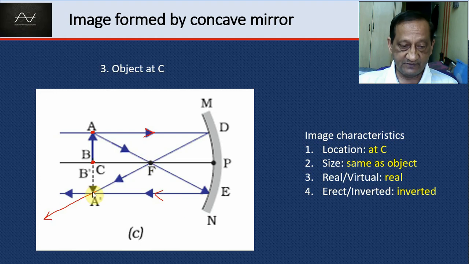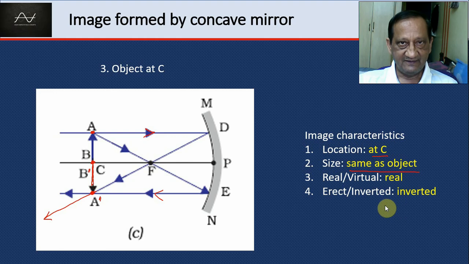So the intersection point is here, the image of A dash is here. The image of B should be on the principal axis. So since A dash is right here, B dash also will be right there only. And the size of the image is the same size as the size of the object. The location, if the object is at C, the image is also at C, and it is the same size as object, and it is real and inverted.